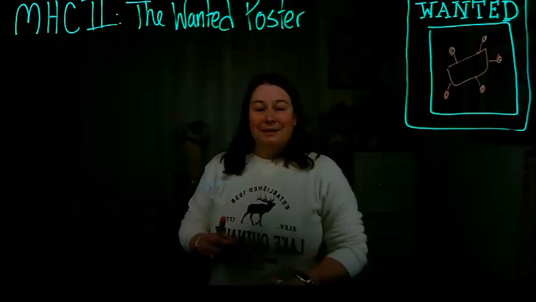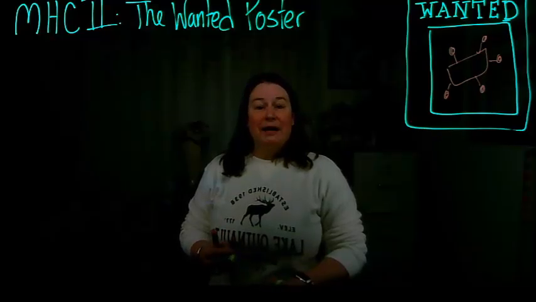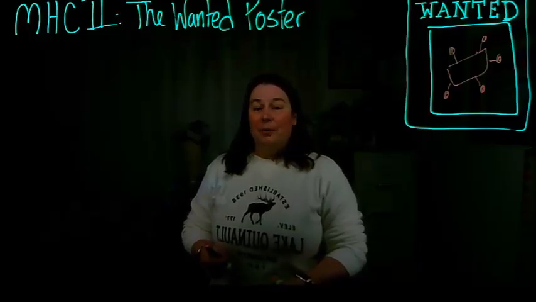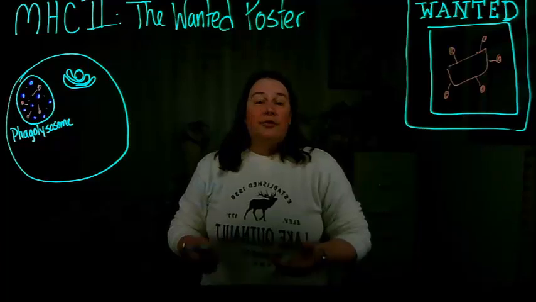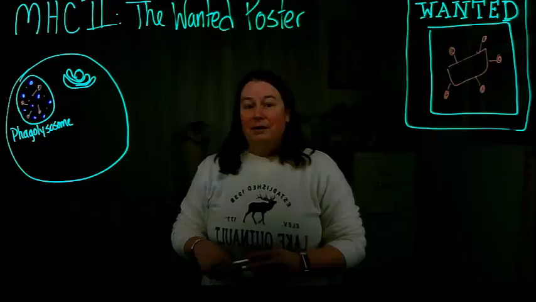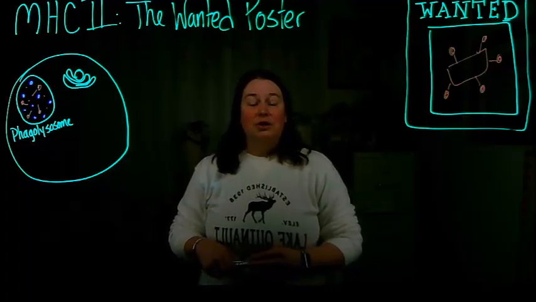So let's get started and start to think about what happens after an antigen-presenting cell, like a macrophage, manages to degrade an evil or a foreign cell that needs to be removed from a body. If you are familiar with the processes of phagocytosis, you know that it's a 4-step process that ends in digestion of a cell into bits.